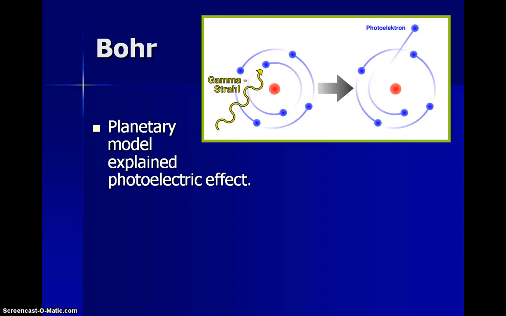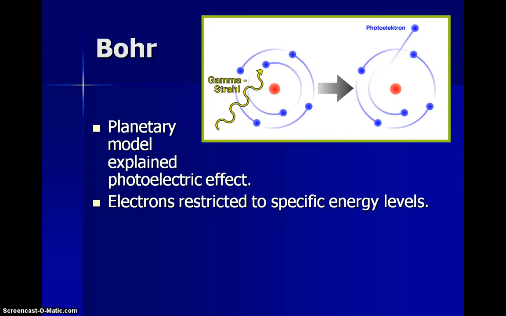So he was able to determine that electrons existed in certain spaces in the atom based on where they were jumping around. And so that's how we got the idea of these shells and how many electrons can fit into each energy level.